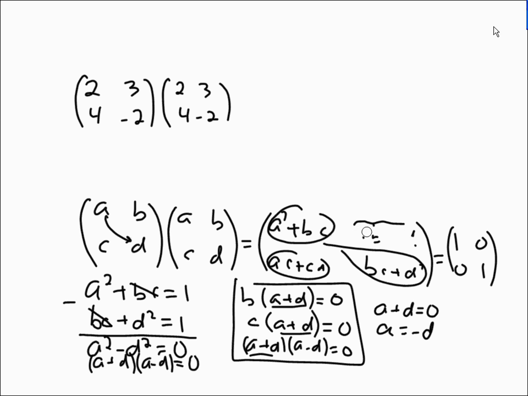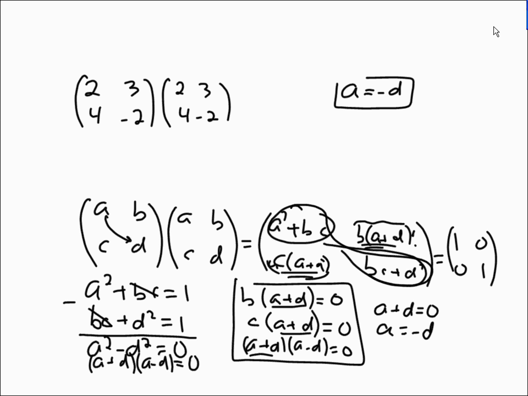If I factor out, I get B times A plus D, and over here I get C times A plus B. And I want those two entries to be 0. Well, if A is negative B, we're okay. Now, we have to work on these entries being 0.